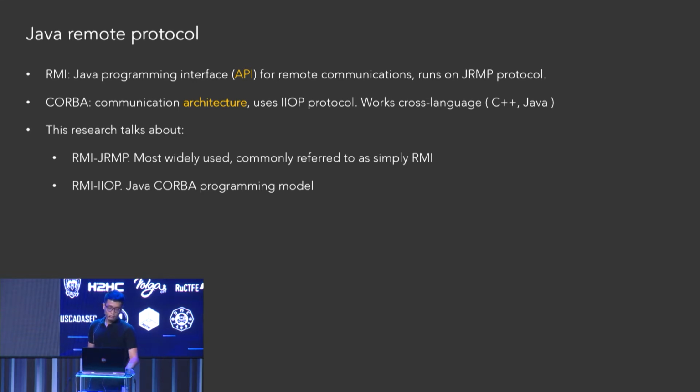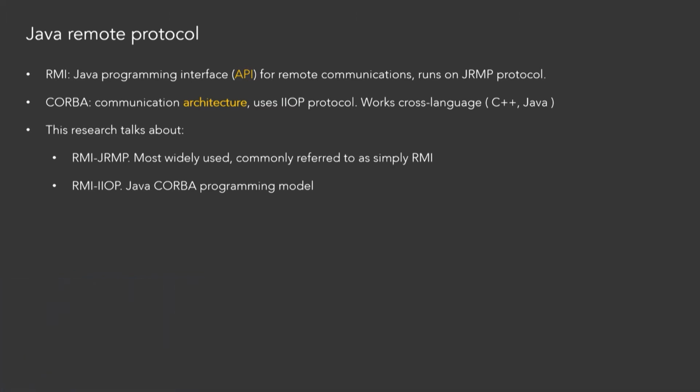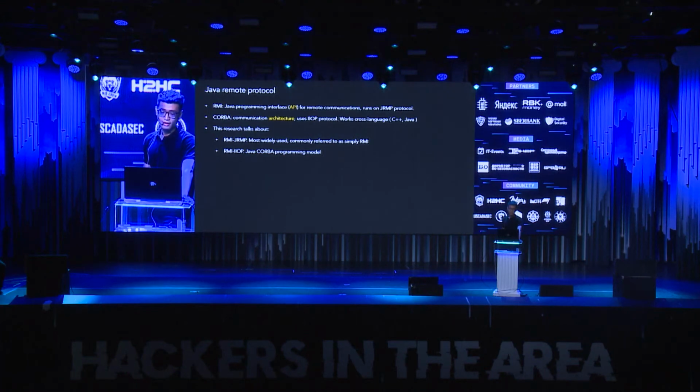About Java remote protocols. In this talk, I will talk about RMI and CORBA. RMI in Java, its full name is RMI running over JRMP protocol. It's a proprietary protocol for Java, and it's used for remote communications between Java applications.